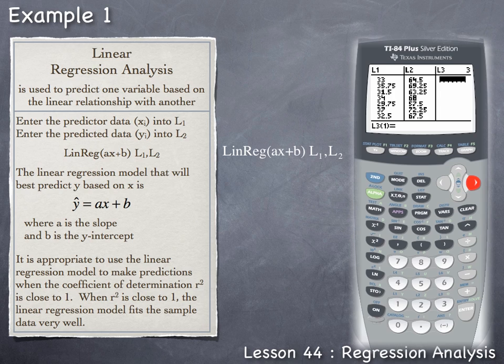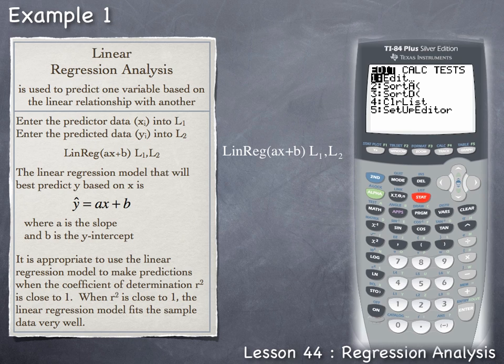We find the linear regression command on the calculator by pressing Stat, arrow over to Calc for calculate, and then arrow down until the cursor is next to the LinReg(ax+b) command. We press Enter to select, and then second 1 to bring up list 1, comma, second 2 to bring up list 2. Enter. Calculates our linear regression results.